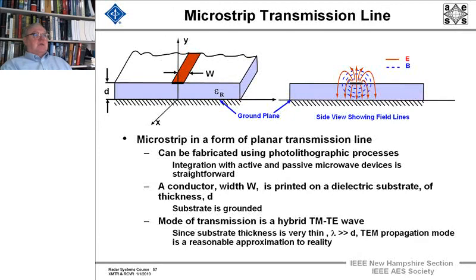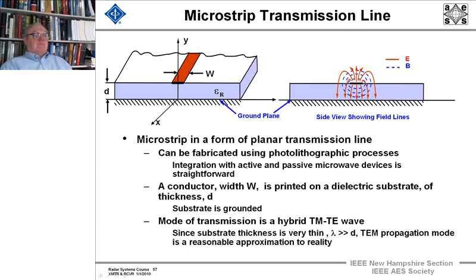And here you see a microstrip transmission line, which is slightly different, a form of planar transmission line, and it can be fabricated with lithographic processes, and by that they're much smaller.